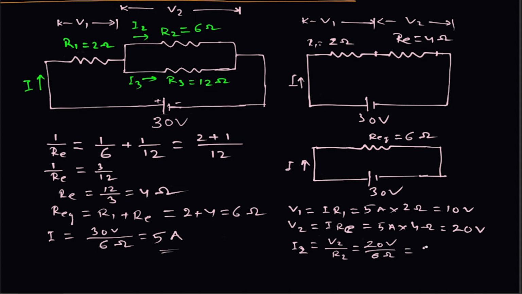So you get 3.33 ampere. Now similarly I3 is V3 divided by R3. V3 is the voltage across this, which is the same as V2. So I3 is 20 volt divided by R3, which is 12 ohm. So you get how much?